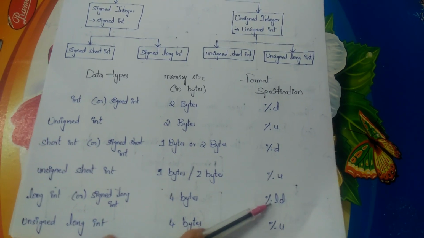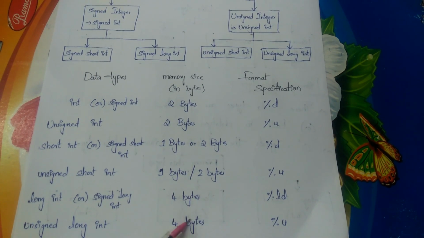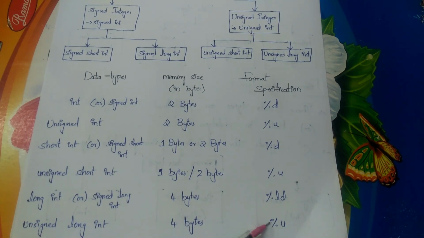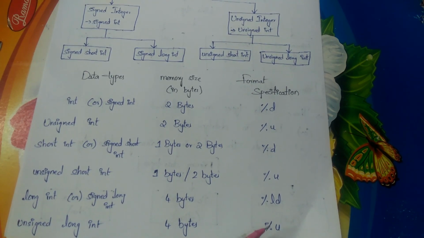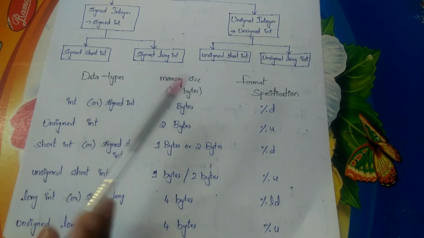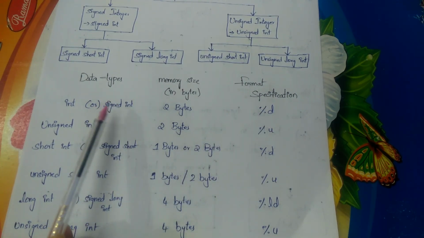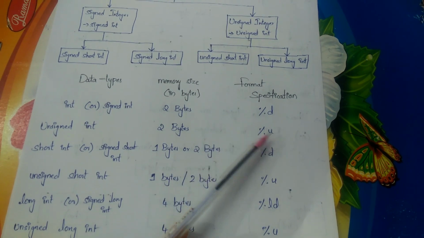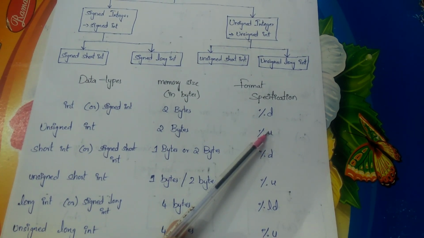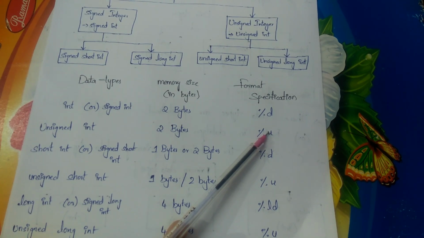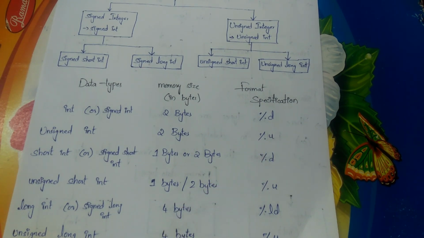For long we use L. Then unsigned long int occupies 4 bytes, and the format specification is %lu. So this is about the integer data type. Each data type occupies some memory in the computer system, and each has a format specification. Based on whether you want positive and negative numbers or only positive numbers, you can choose signed int or unsigned int.